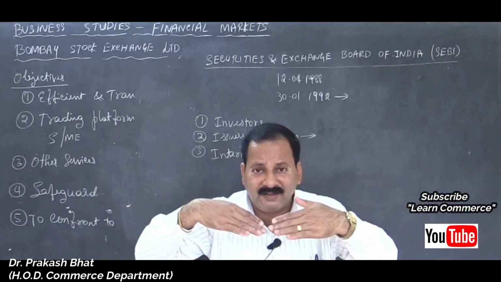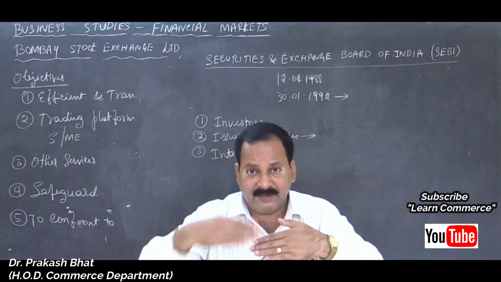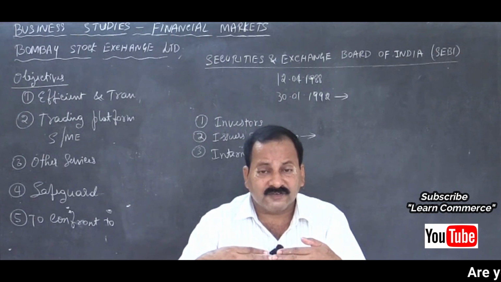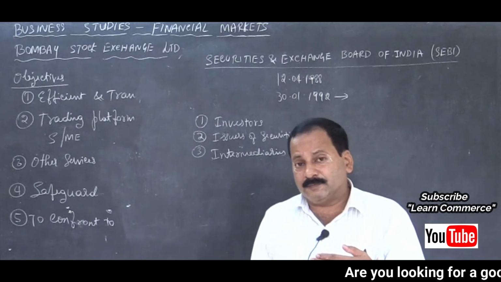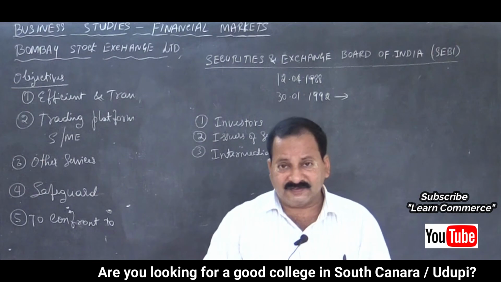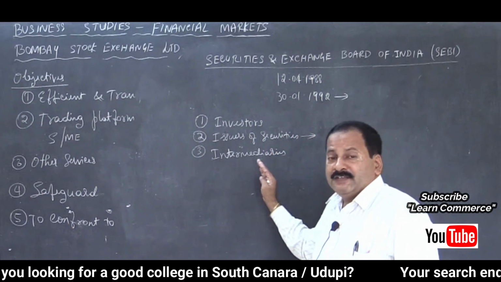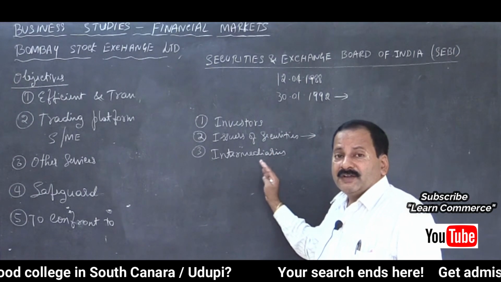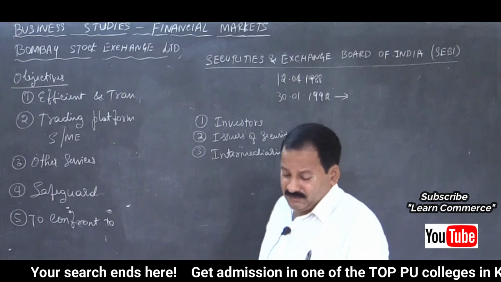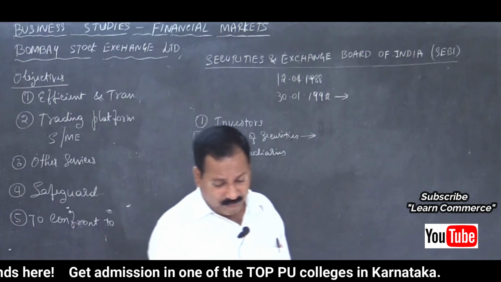So for that there must be an intermediary, and the intermediary will connect them, like the person who wants to sell the house and the person who wants to buy the house are connected together by the broker. In the same way here, intermediaries in the stock market, the capital market. So these are the three groups who are working in the system of the stock market.